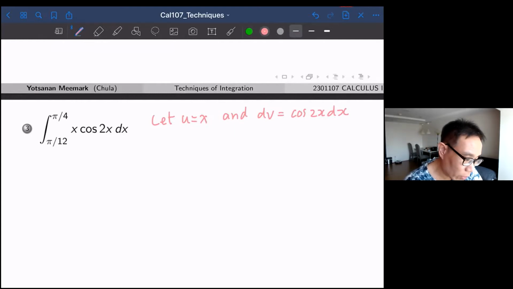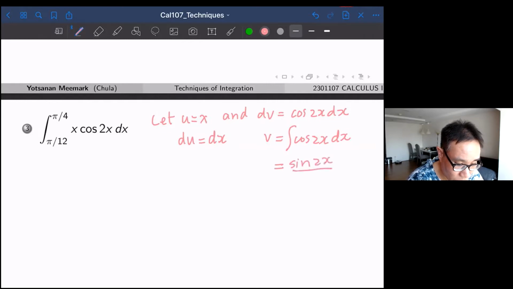So du equals dx, and v equals the integral of cos 2x dx. Integrate cos, you get sin 2x over 2. Don't forget the over 2.